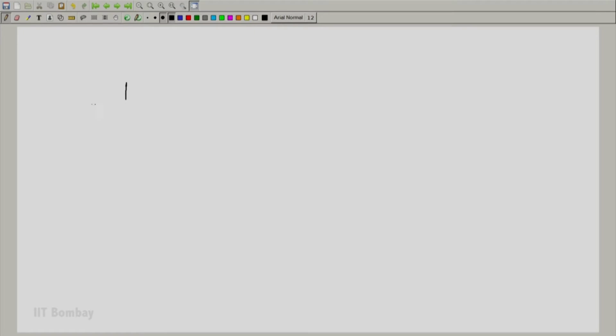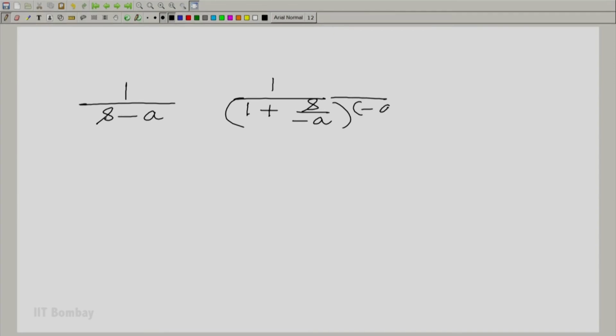Let us take simply 1 by s minus a. Now, we can easily expand this if we take into account the conditions on s. So, we can always write this, if you like, as 1 by 1 plus s by minus a, and then multiply by minus a again in the denominator.